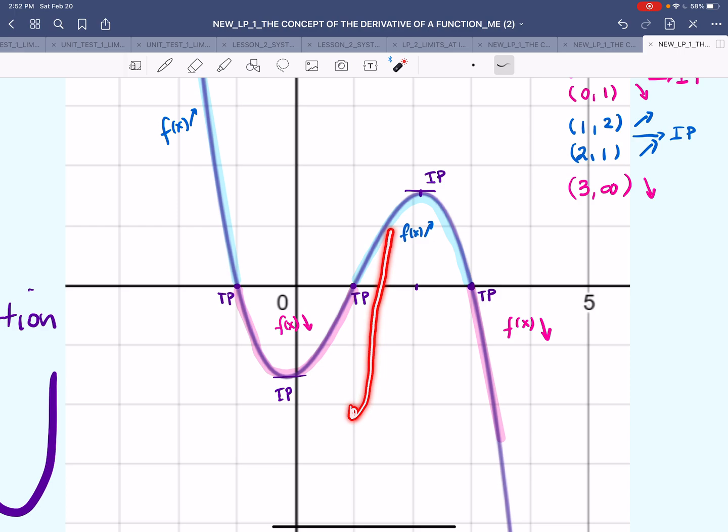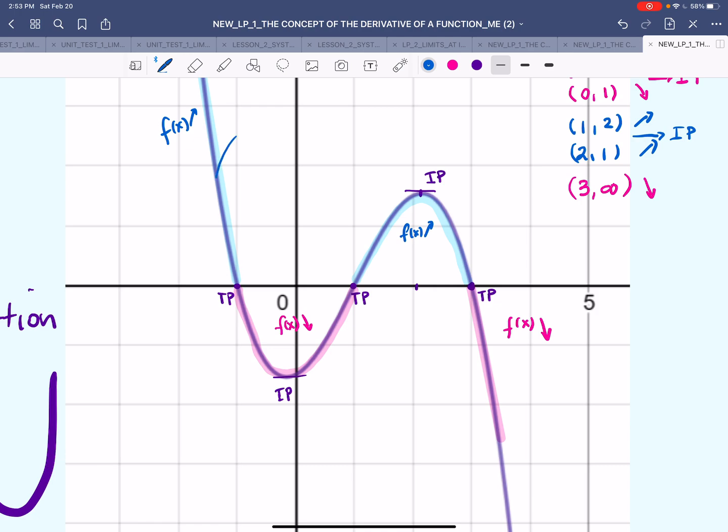And at this point right here, it will change again, and it will still stay positive, but it will come all the way down. So let me draw the graph because this one is very slippery.